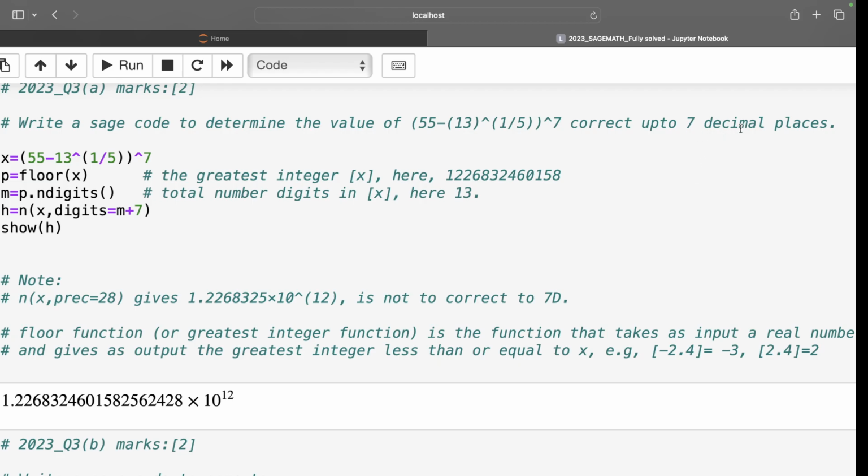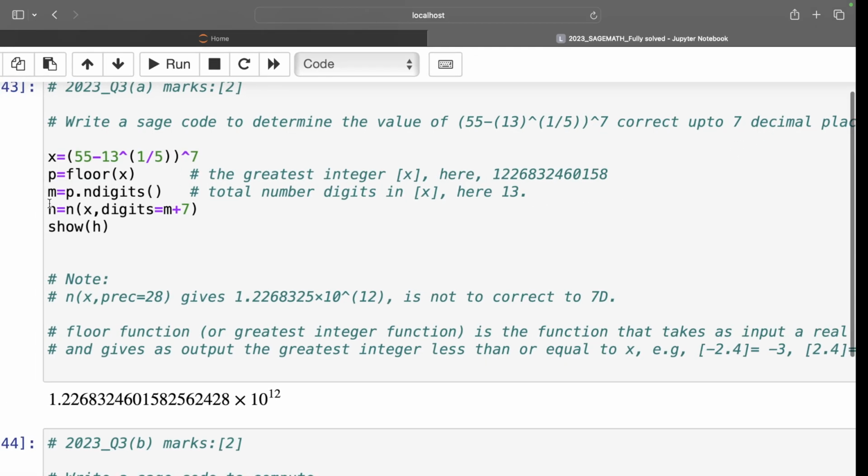So m equal to p.ndigits. Actually p counts the number of digits. So in floor x, there are 13 digits, 13 integers in the integral part of x.